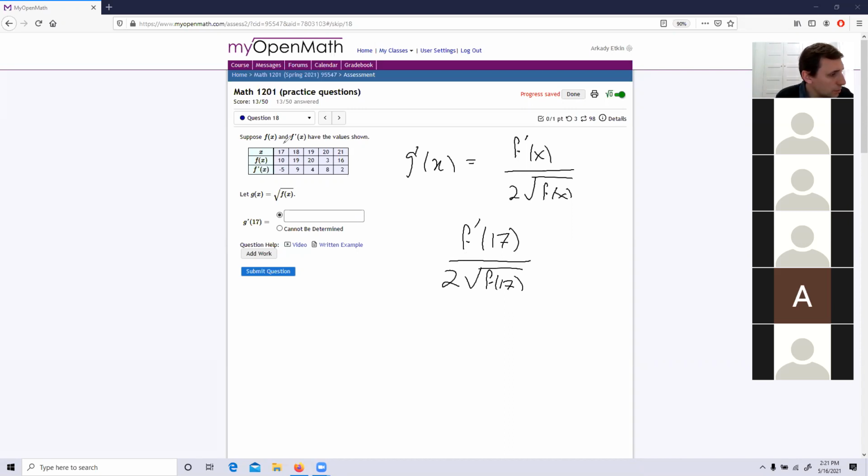So I look into this particular column. And what do I see in that particular column? I see that the derivative is minus 5. And on the bottom, I have 2 root 10. So it's minus 5 over 2 root 10.